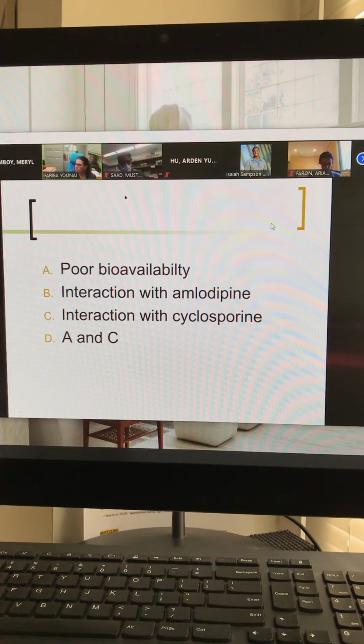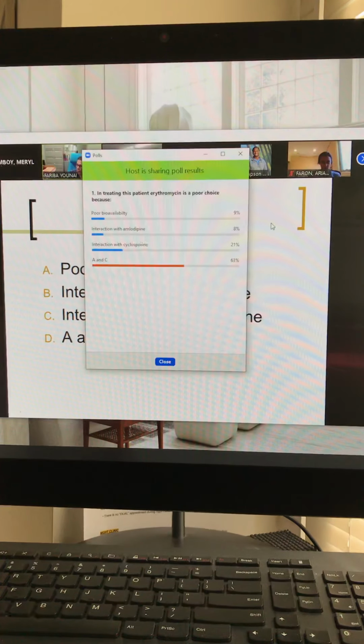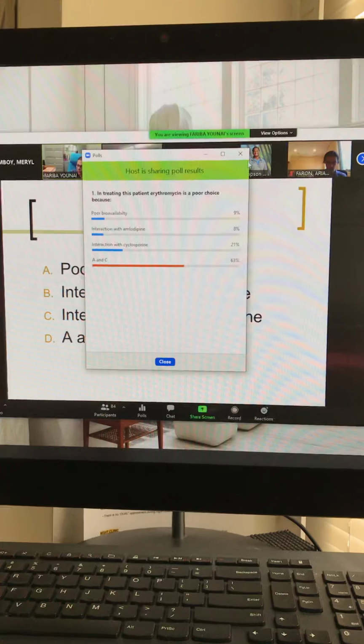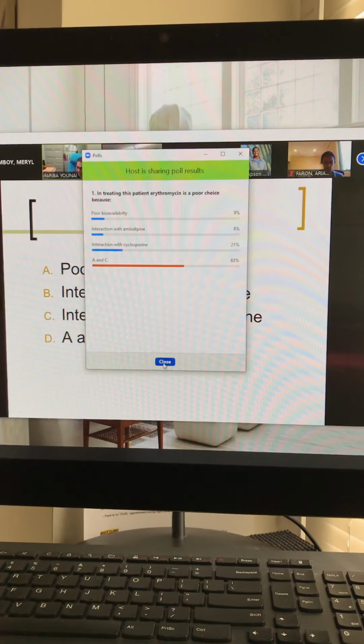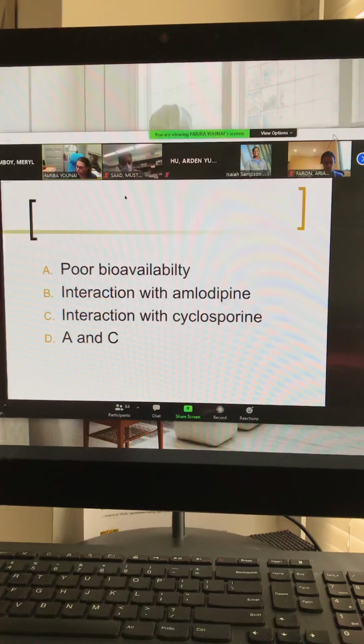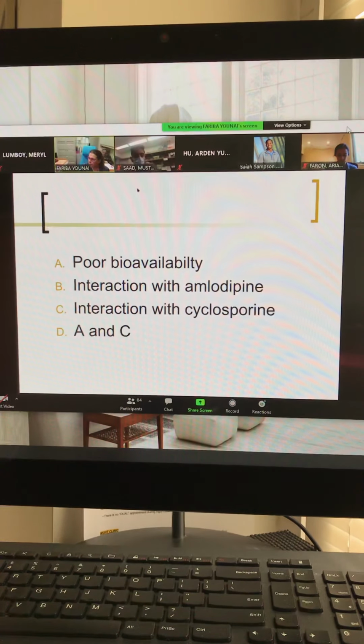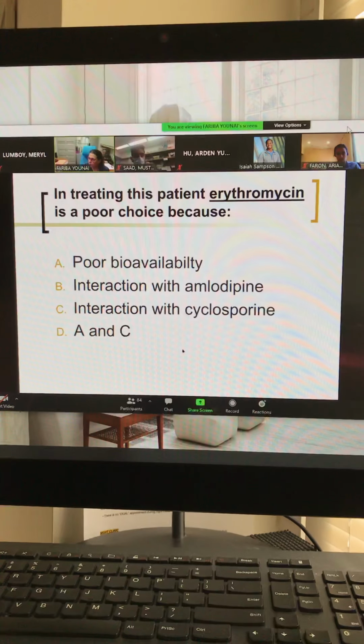More people responded. Okay, let's see what everybody's thinking. So most of you went with A and C, even though we still have some people who answered B. And that was the correct answer.